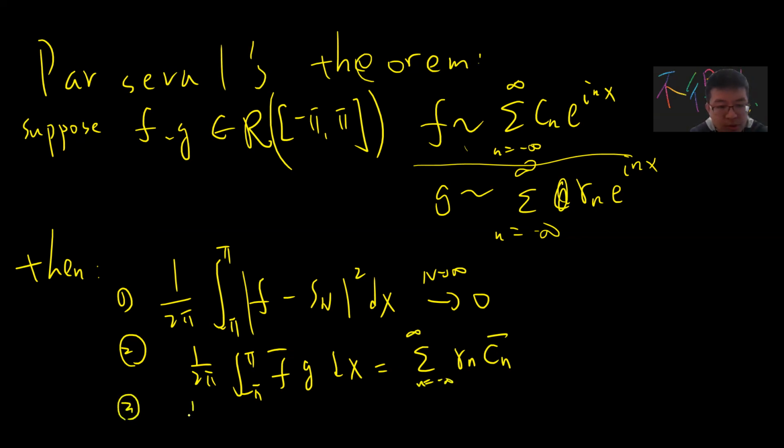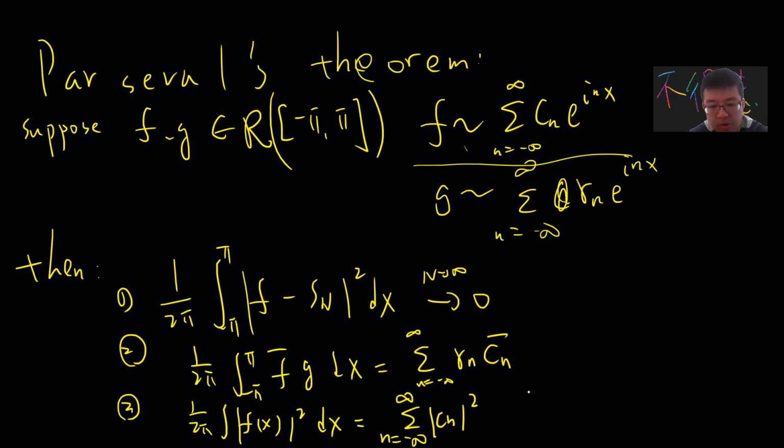And the third is that 1 over 2 pi times the integral of f of x squared dx will be the sum of Cn squared. This final one, the third, is usually called Parseval's theorem, and the proof should be very simple, just using orthogonality.